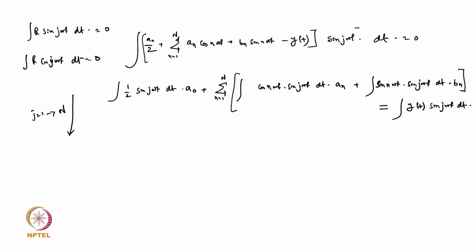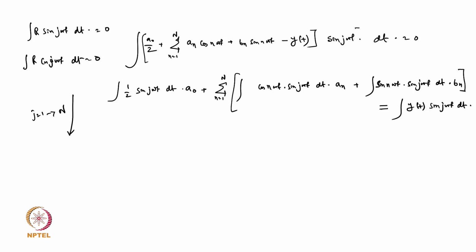N is automatically varying inside that, because n is from 1 to N. Like we will have a0, a1, a2, a3, a4, b1, b2, b3, b4. Things are automatically coming inside. These are the unknown coefficients. An is actually representing the set of unknown coefficients, and this j is representing the set of equations.